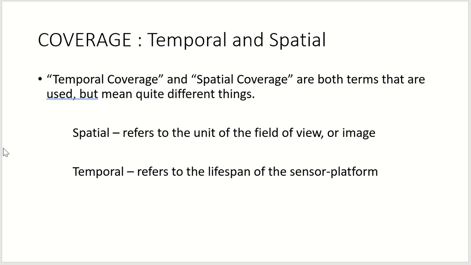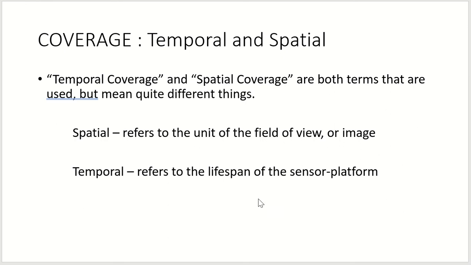There's one mission called the Tropical Rainfall Monitoring Mission, the acronym for that is TRMM. And that only produces data between, I think, 50 north latitude and 50 south latitude. So it wouldn't have any data on polar precipitation. But when you hear spatial coverage, think of the coverage of an image or a sensor's field of view, what it can see at a moment.